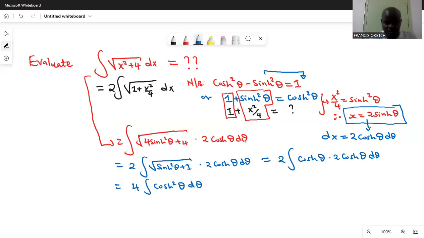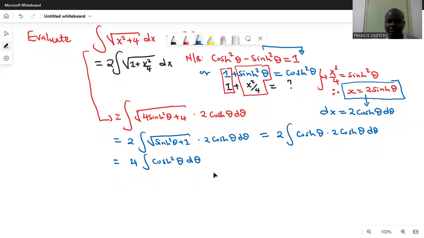So we now need to know how do we integrate cos hyperbolic squared of theta. So we need to rewrite that as cos hyperbolic of multiples of theta.